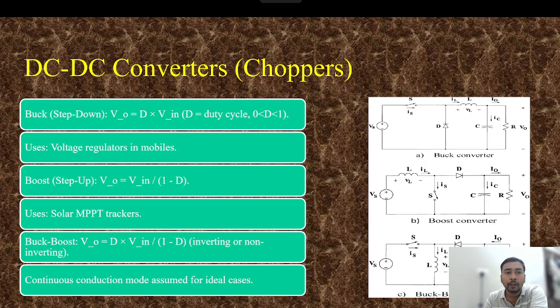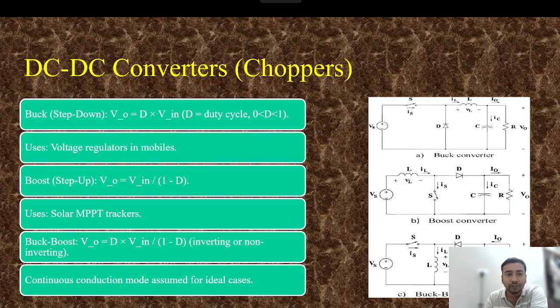The formulas for all the following are given. For buck, you will get V output equal to D into V, where D is the duty cycle. You can see that all these three converters are shown in this image, and there is always a switch. The time for which this switch is on defines the duty cycle.